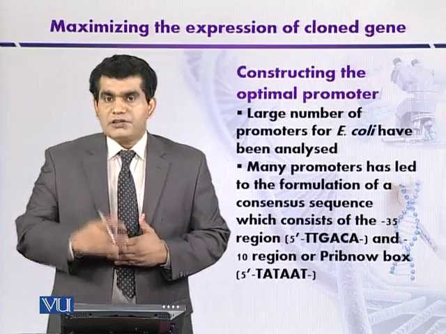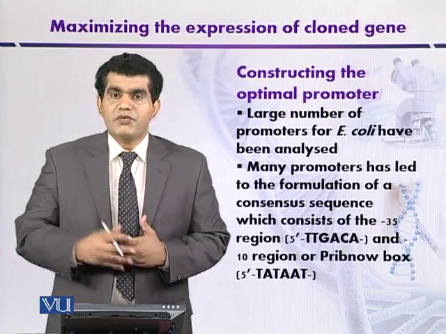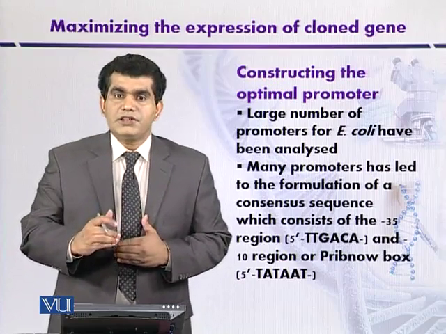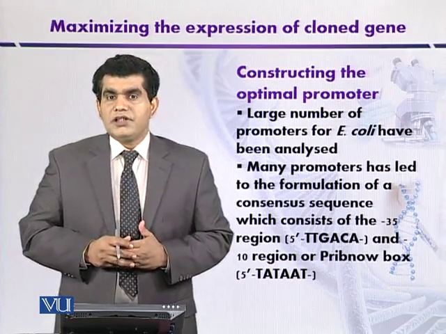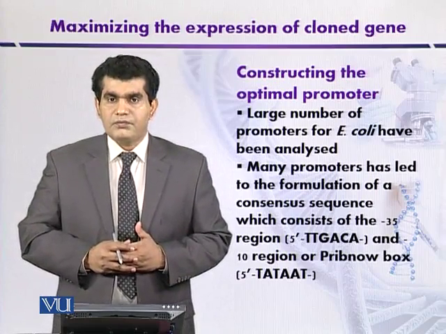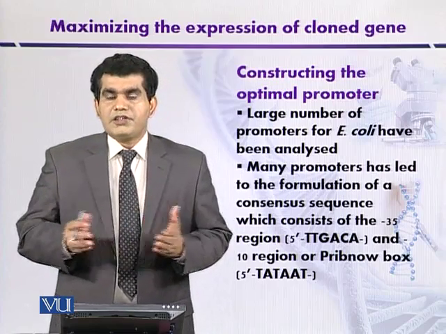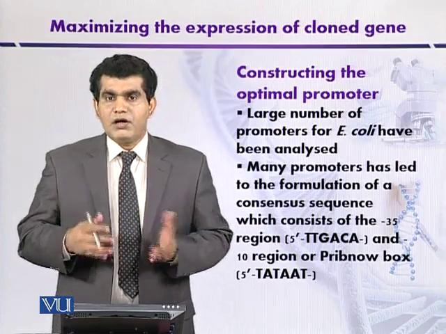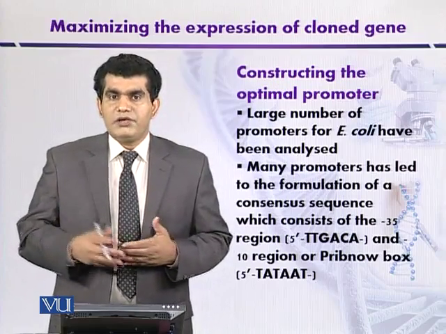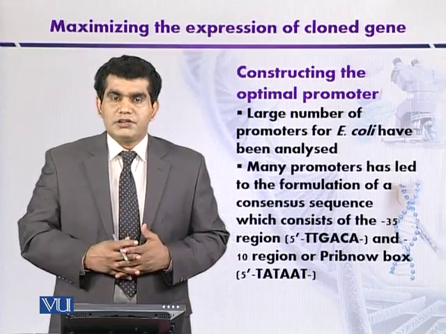After the comparison of different types of promoters, it has been found that they have some sort of consensus sequence that has been conserved during the course of evolution, and they are commonly called the -35 region and -10 region, and hopefully you are well aware of this from your course of molecular biology. We are not going to discuss in detail.